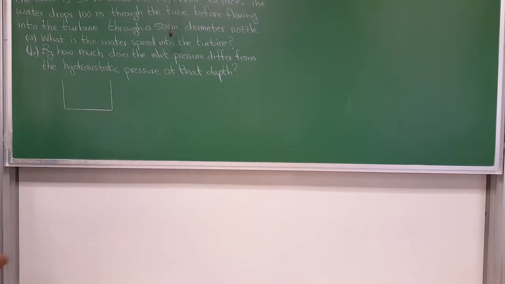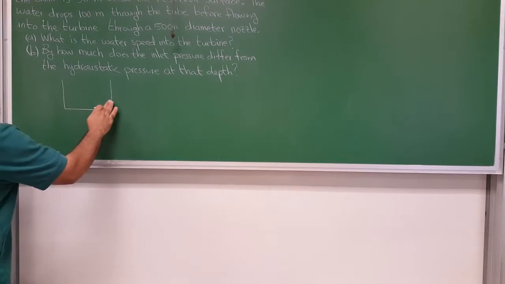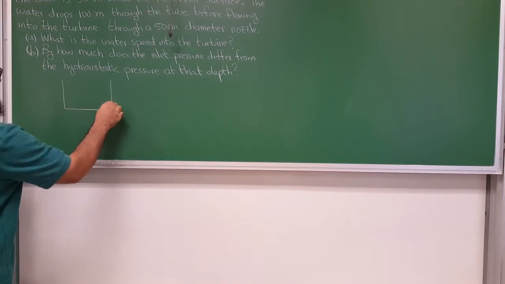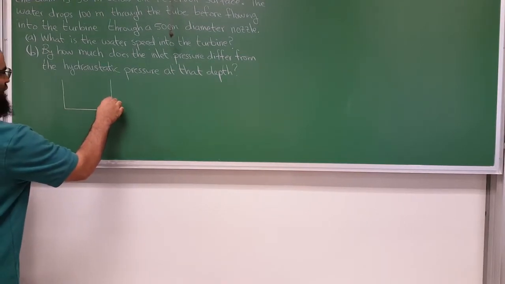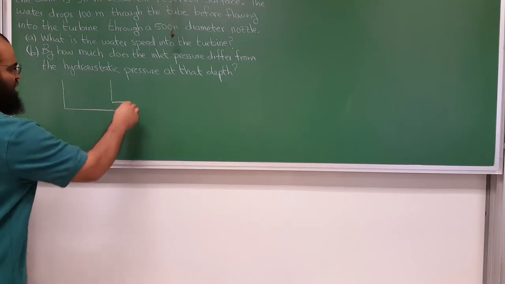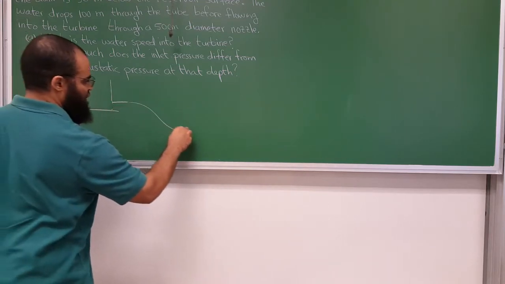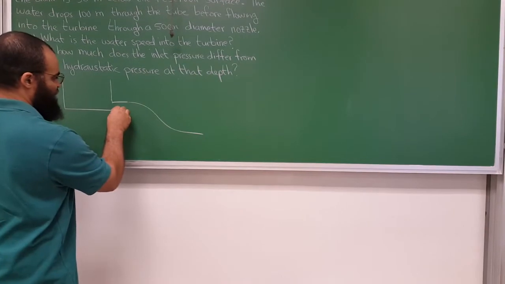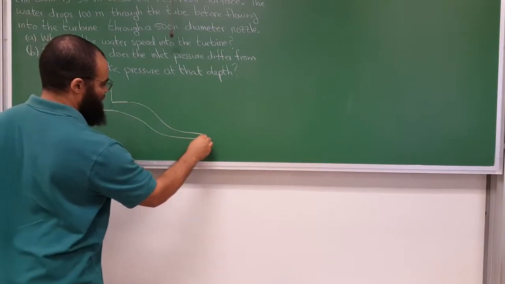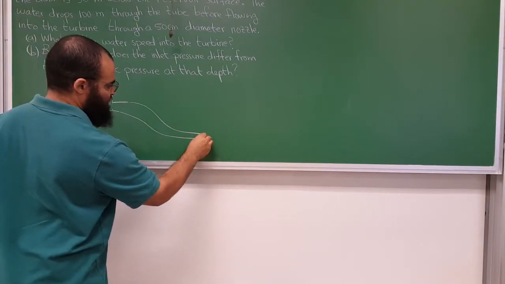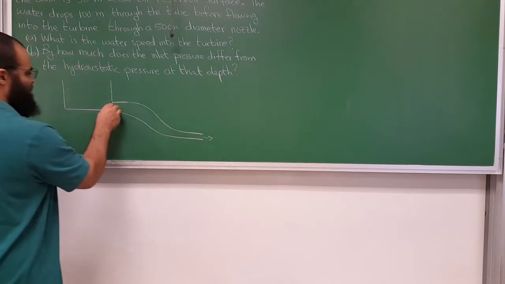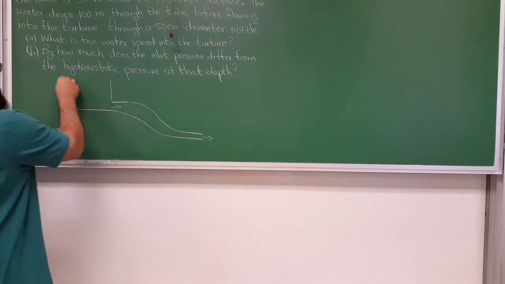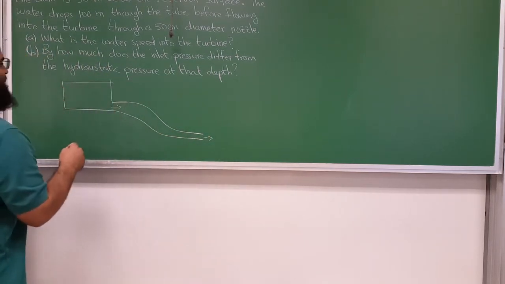It's very large, and there is an opening here. There is a pipe here that flows, and then the water exits, and it feeds into a turbine, but it's open here. So the water comes in here, and this is the surface of the dam.